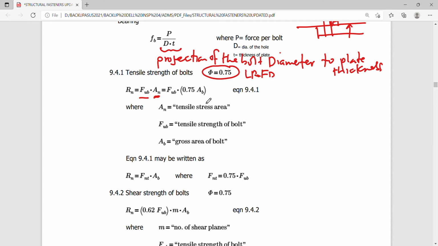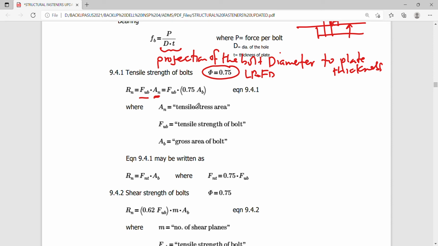So the reason for that is because of the consideration of your thread. Okay, so that's why you cannot use the full area of the diameter of the bolt, since there is some reduction caused by the threaded part. So this equation can be reduced into FNT AB, where FNT is simply 0.75 of FUB.